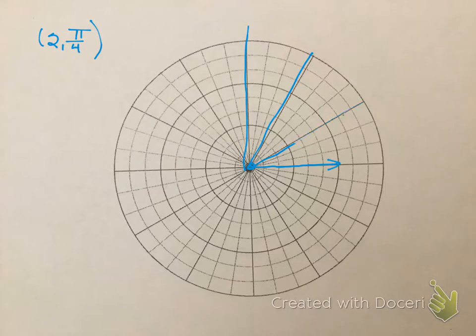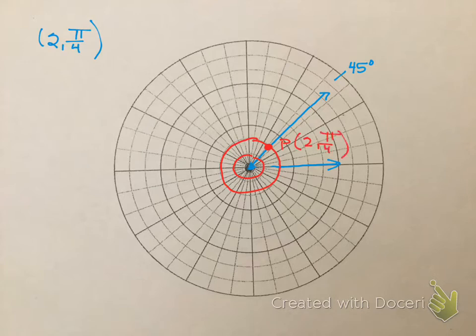So if I want to plot a 45-degree angle, that's going to be right here. So the terminal side of my angle would be right here. I'm counting off 2 concentric circles. So here's the first concentric circle. Here is the second concentric circle. So here is my point P. Just drawing those red circles so you can see them a little bit better. So that point would have the coordinates 2, pi over 4.